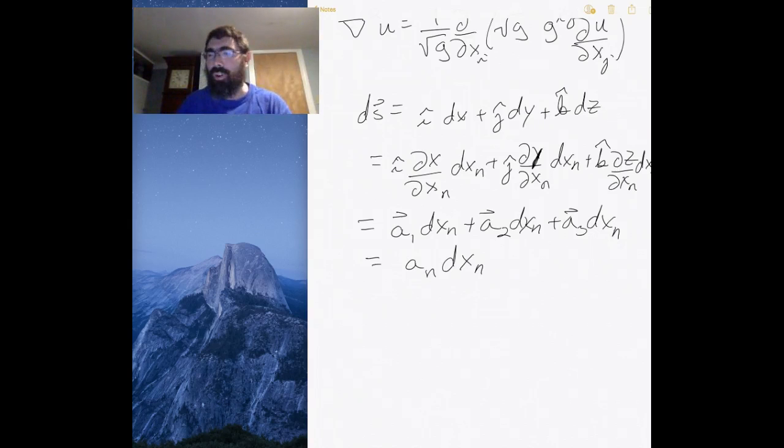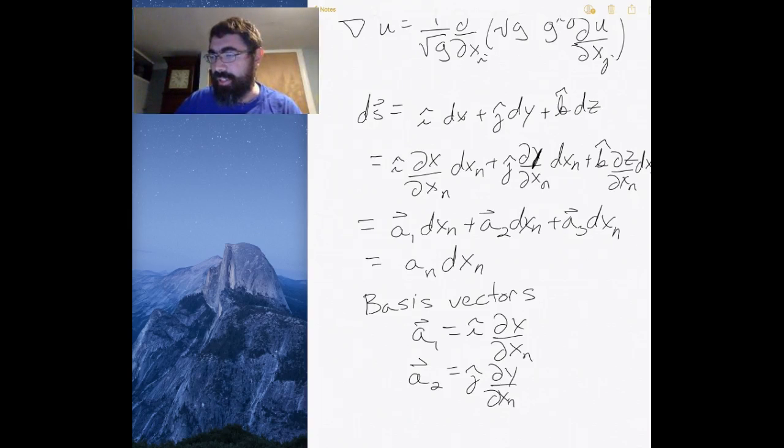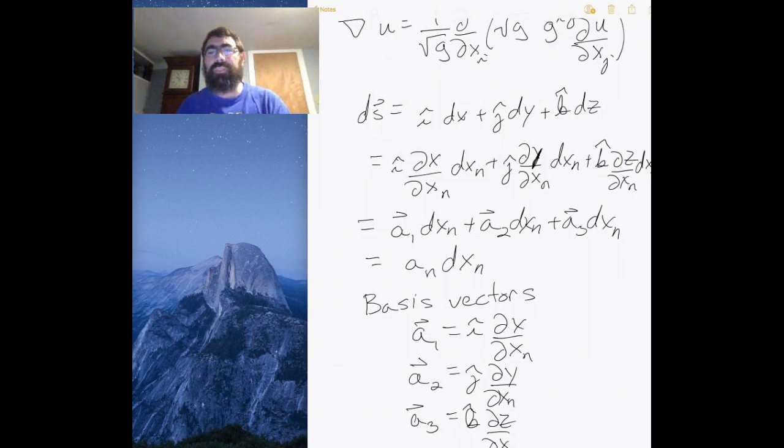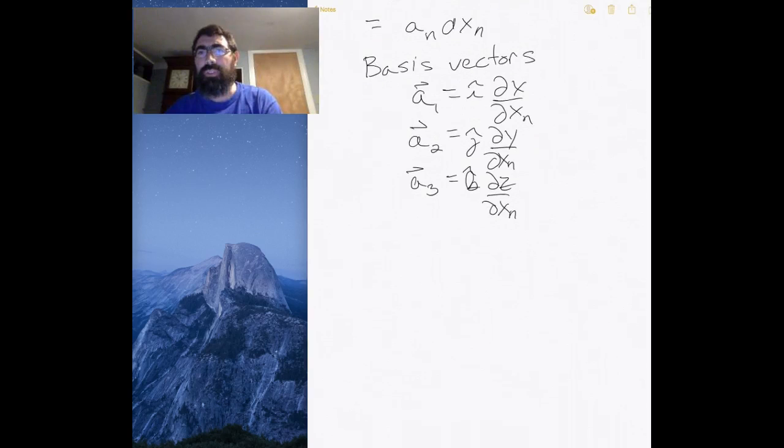But these a's are the basis vectors. So a1 is equal to i dx/dxn, a2 is j dy/dxn, a3 is k dz/dxn, where this is the case of the Cartesian coordinates, writing those out.